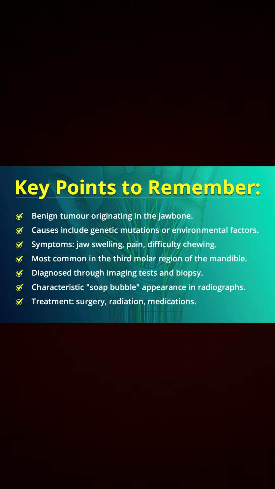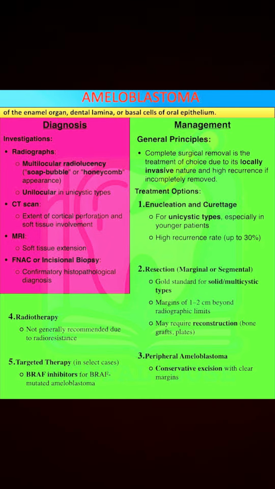Next one is acanthomatous ameloblastoma. The cells occupying the position of the stellate reticulum undergo squamous metaplasia, sometimes with keratin formation in the central portion. Keratin pearls may even be observed in this acanthomatous ameloblastoma.